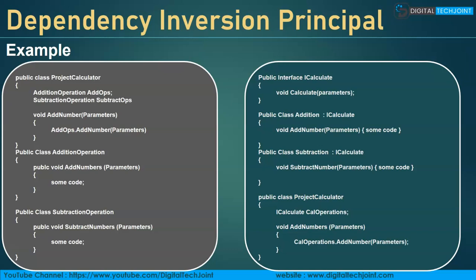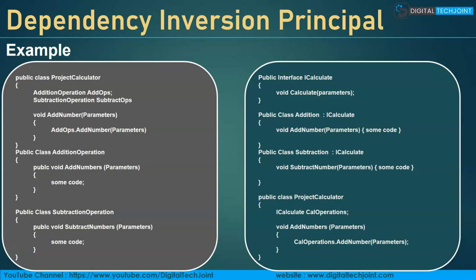That means your project calculator, which is a high level class, is dependent on low level classes like addition operation and subtract operation. So this is not what the dependency inversion principle wants to be implemented. It actually violates this principle.